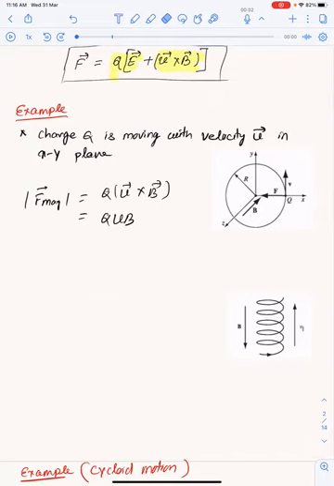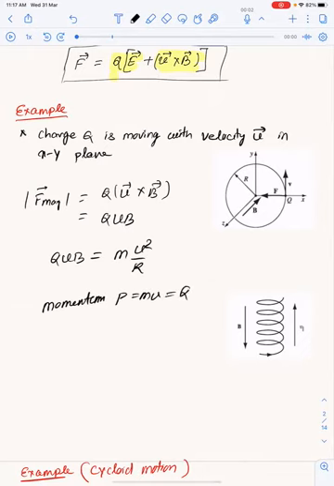This QVB is sustained by the centripetal acceleration, so you can write the balance equation as QVB equals m V square by R. If you rearrange, you will see that the momentum P, which is equal to mV, is nothing but QBR.